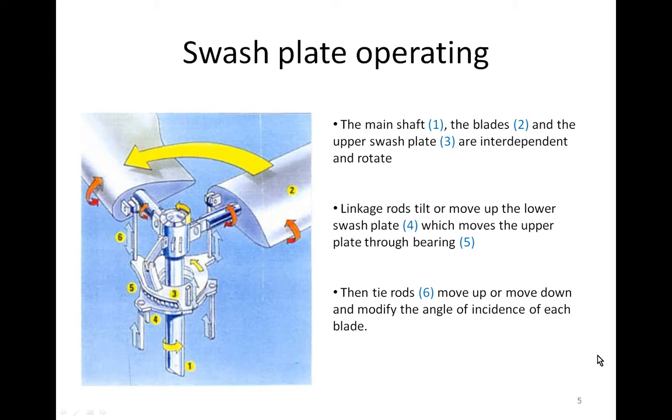Now let's see swash plate operating. The main shaft, the swash plate is here, okay? So the main shaft, blades and the upper swash plate are linked together and rotate together.